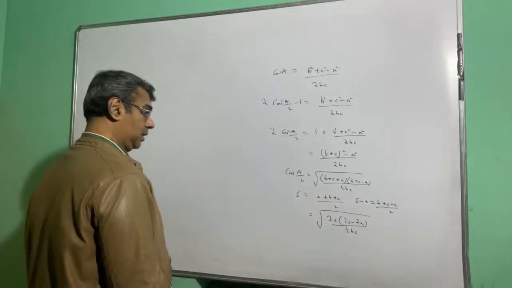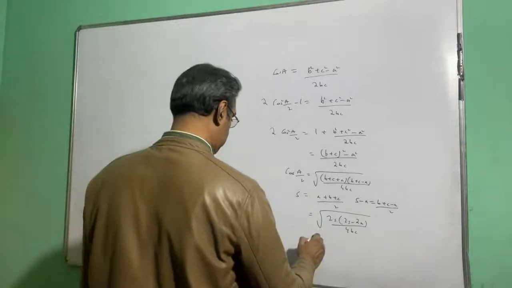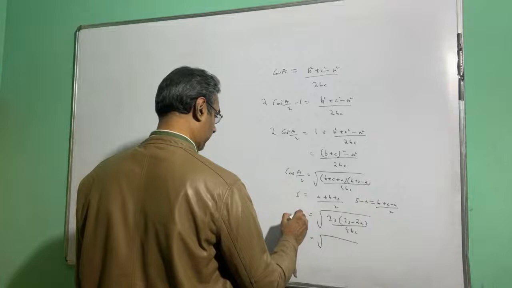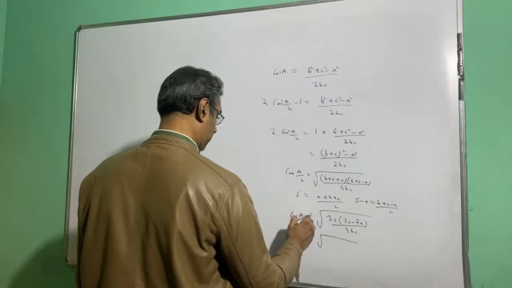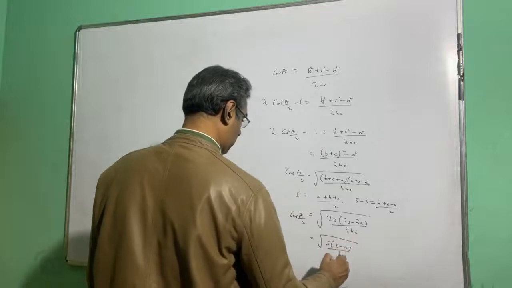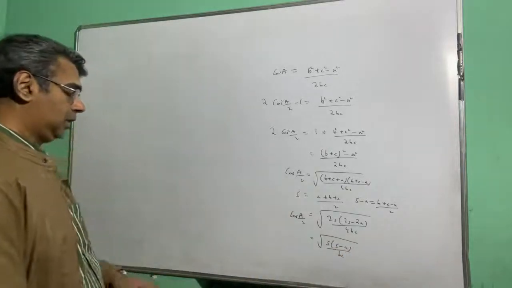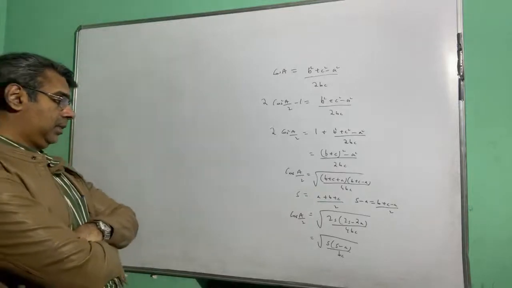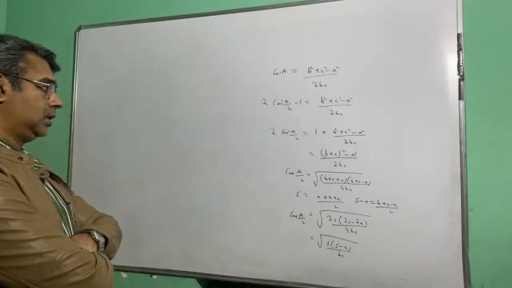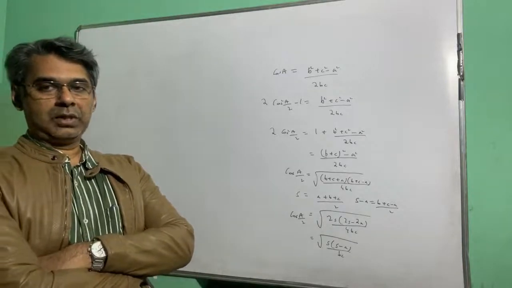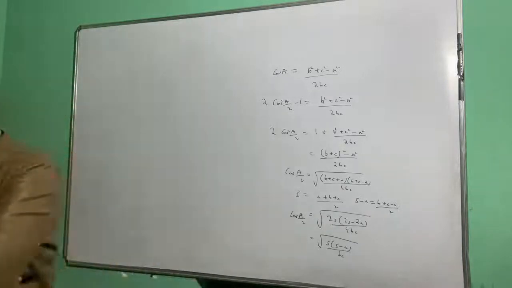So root over 2s into (2s minus 2a) by 4bc. So the formula will become cos A/2 is equal to root over s into (s minus a) by bc. So this is an important formula for cos A/2, like cosine rule is for cos A and this is for cos A/2.